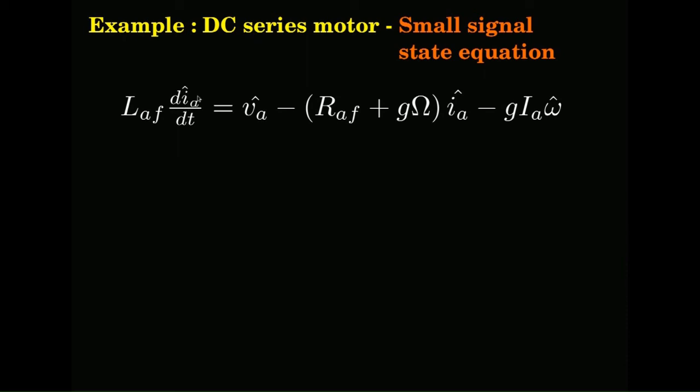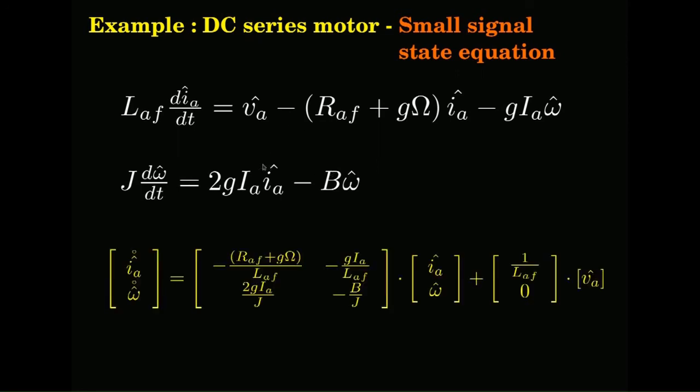So, LA dIA hat by dt is this, and then IA hat has this coefficient and omega hat. J d omega hat by dt is again in terms of this. So, I can put it into the state equation form with new state variables, which are the deviation state variables for the controller design only: IA hat, omega hat as the vector, and VA hat as the new input variable.